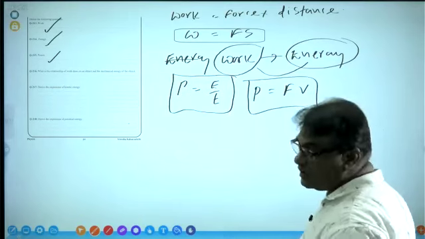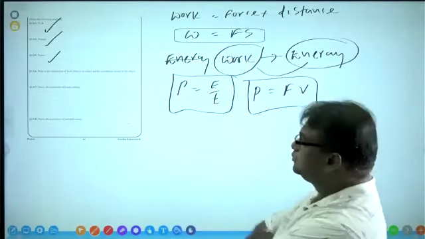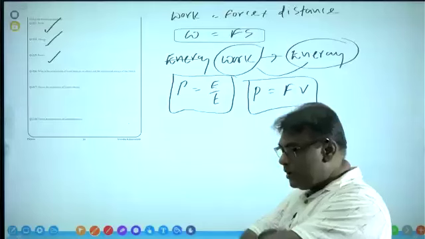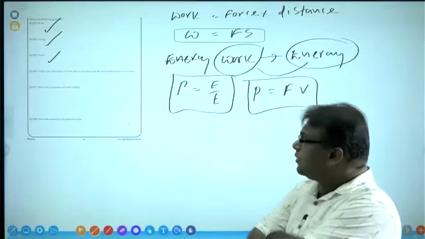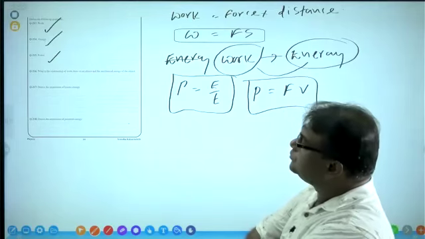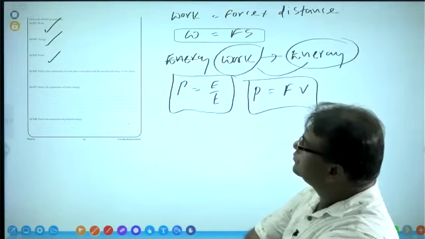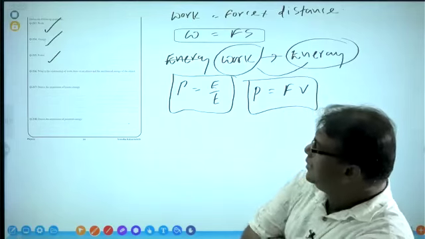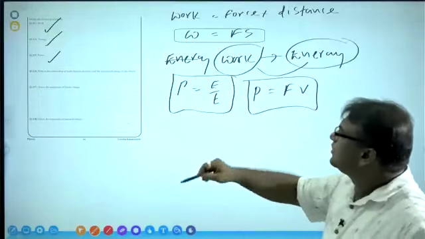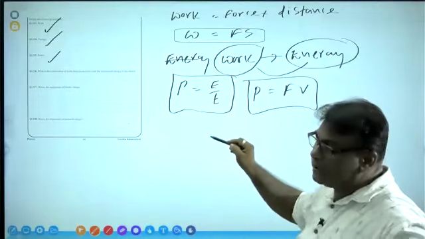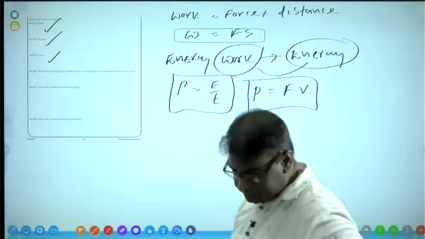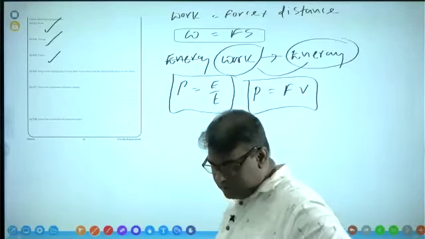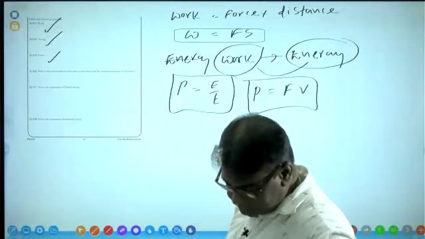Both these equations are correct, applicable. Okay, copy these two equations. Power equals energy over time, and power equals force into velocity.